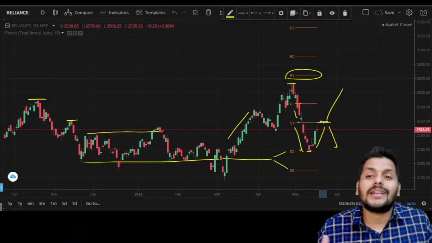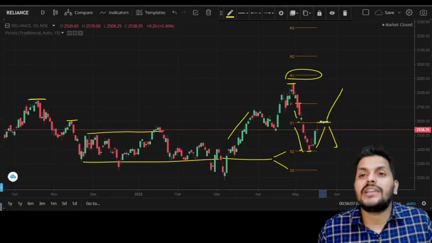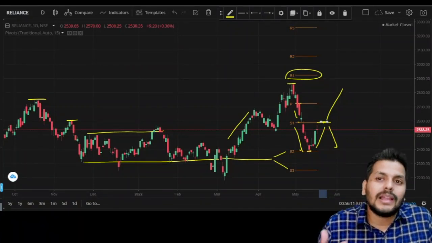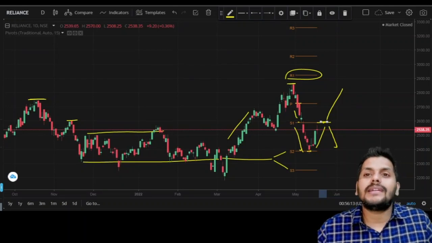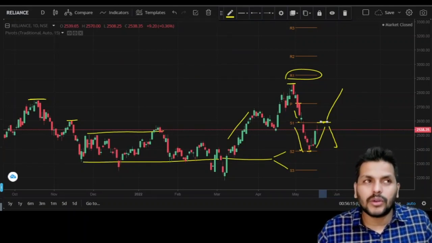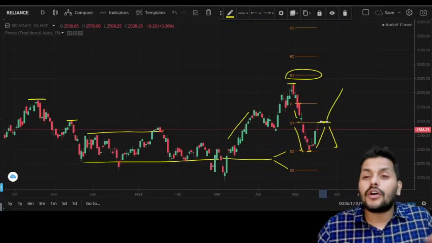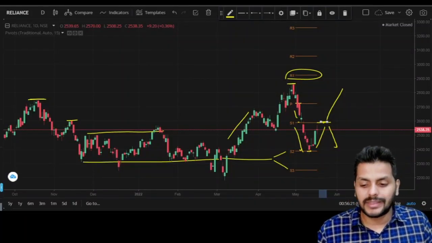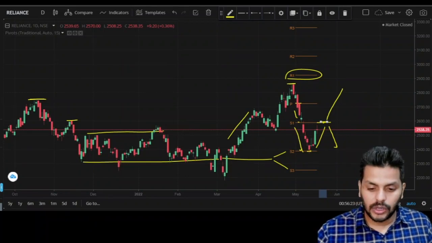You can also take the help of another very important indicator called the RSI, the relative strength index, which helps you understand at what level the buying is going on. Is it in an overbought zone, or in an oversold zone? I will come up with an exclusive video on that as well, and we will talk about all of this.